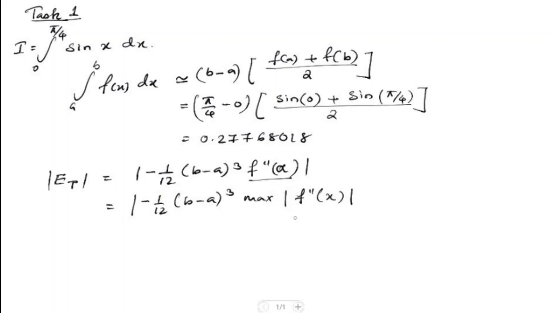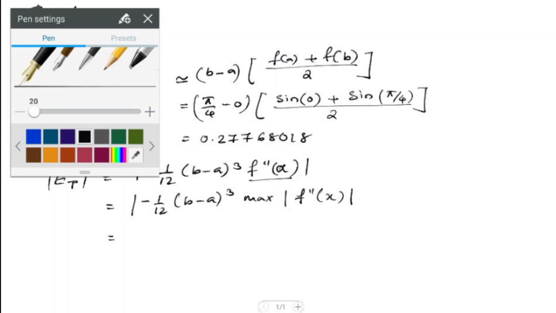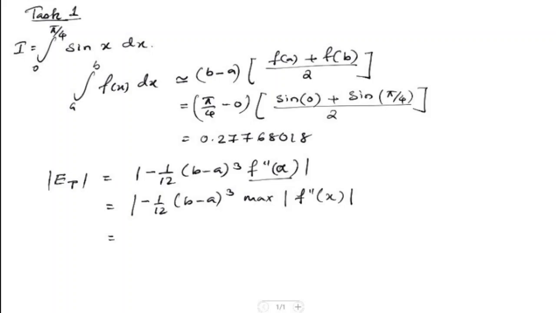So how do we find the second derivative of the function here? For that we need to first find the first derivative and the second derivative. So let's work it out at the side here. The function is sine x, and the first derivative is cos x.